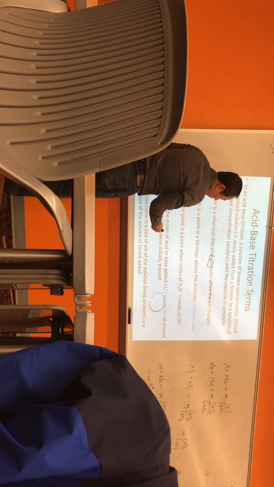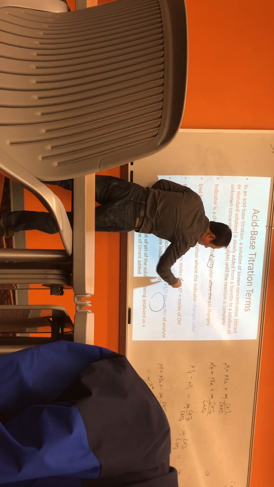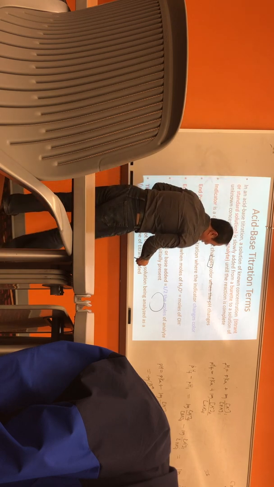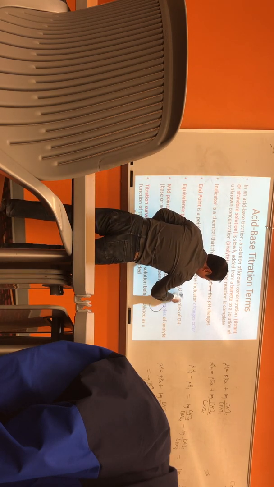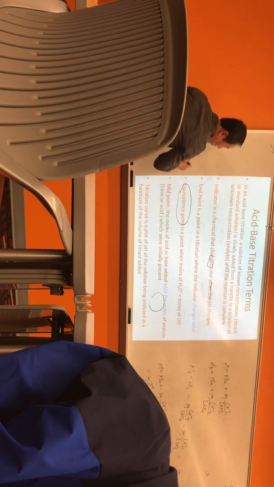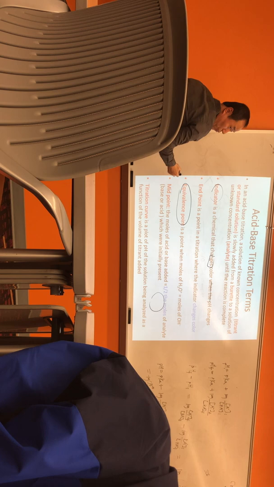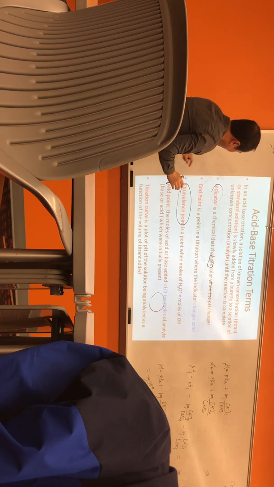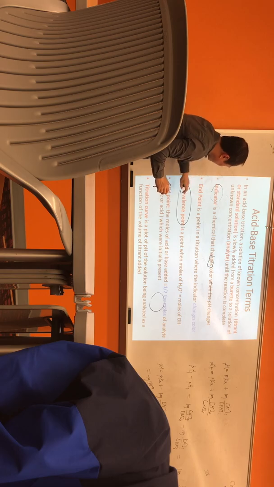And if you put an equal amount of the titrant as the analyte, that's when we have the equivalence point, and your indicator will show the change of color. That's how we identify the equivalence point.